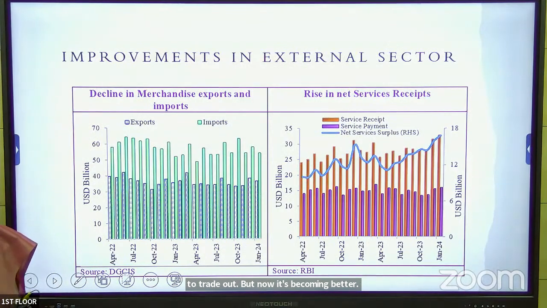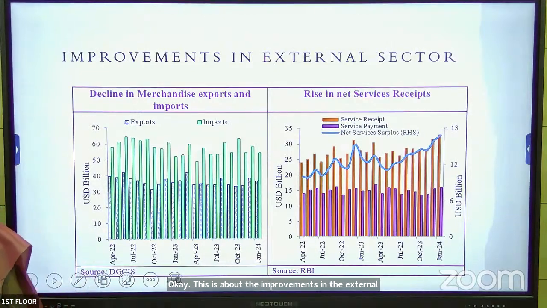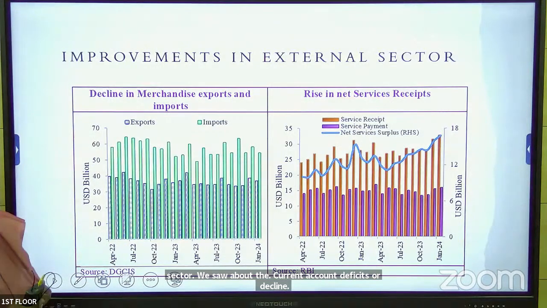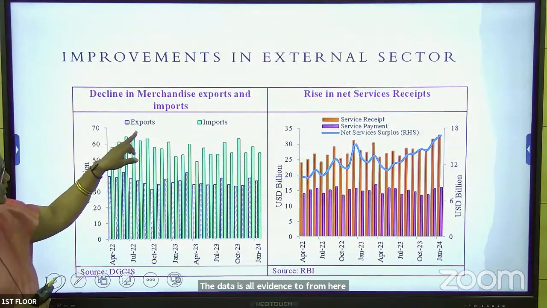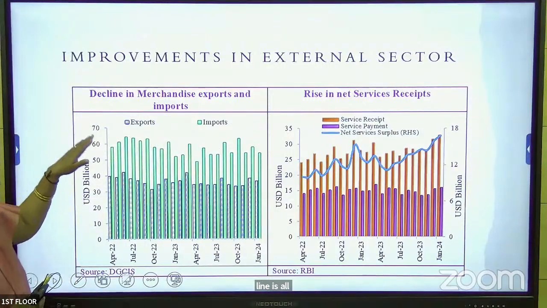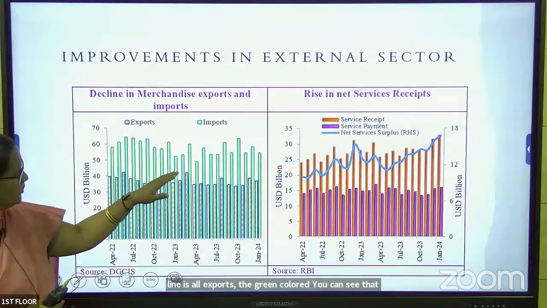This is about the improvements in the external sector. We saw the current account deficit decline. The data is evidenced from here. The blue colored line is exports. The green colored one is imports. You can see there have been fluctuations in India with the green and the blue.